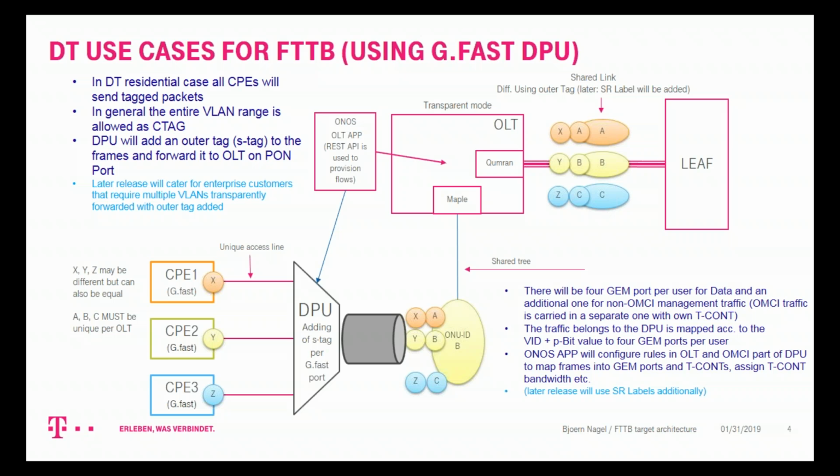So maybe by the end of February, we should see what agenda we need to put into the face-to-face lockdown to support this. I suspect this is probably very similar to enterprise use cases, even without GFAST. Just the fact that you have to carry 4,000 VLANs for a customer sounds very enterprise-specific as well. So there probably is some overlap there.